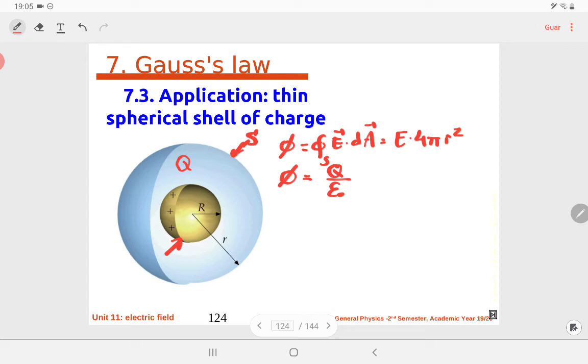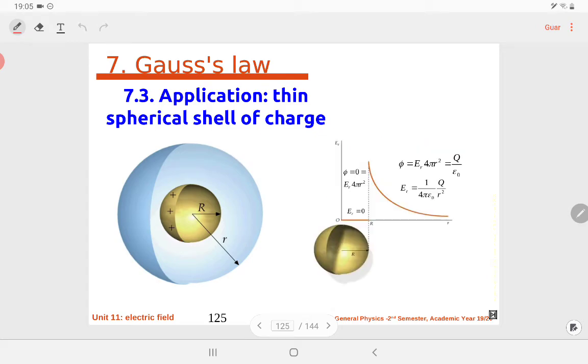Okay, so this provides you with the electric field that is going to be equal to 1 divided by 4 pi epsilon sub 0 times Q divided by small r squared, which is exactly the same electric field as if all the charge was concentrated in the center of the spherical shell as a point charge. Okay.